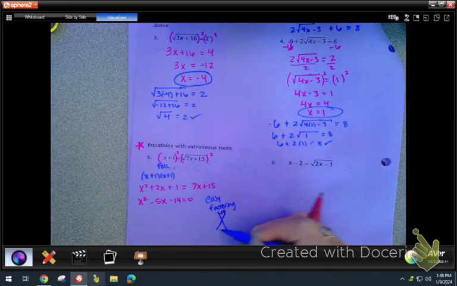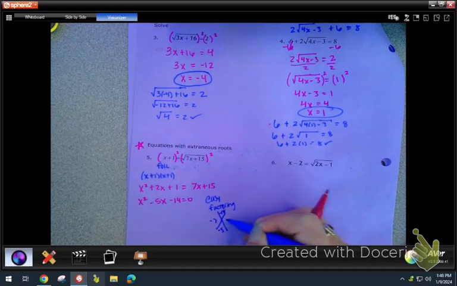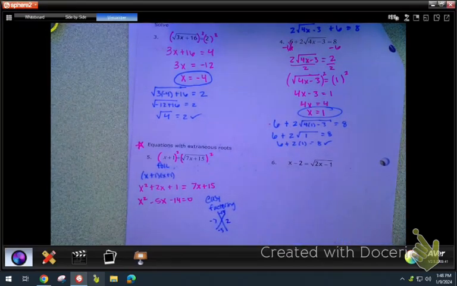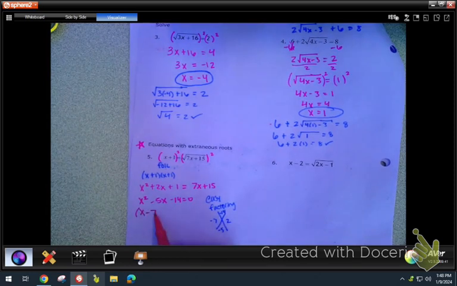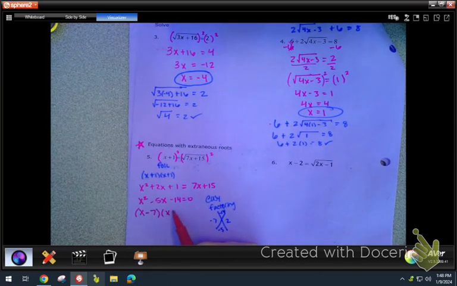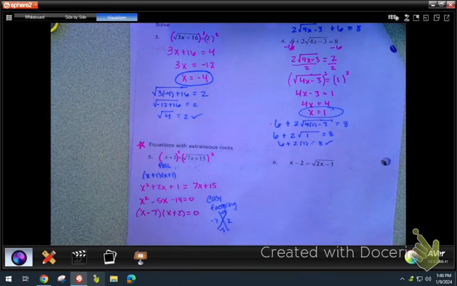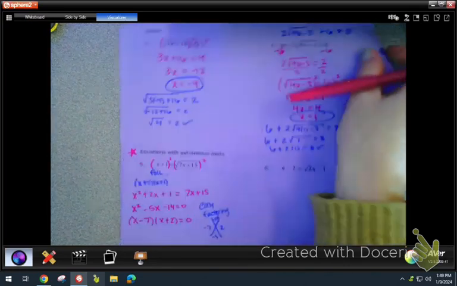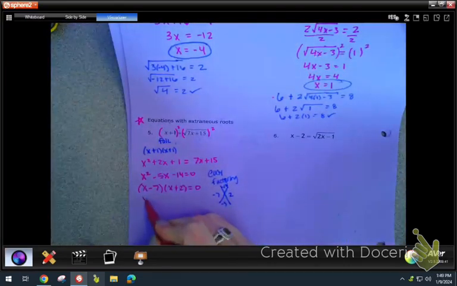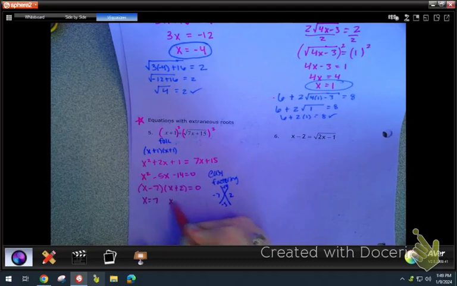Negative 14, negative 5, which I'll say negative 7, positive 2. So then what's my factored form? x minus 7, x plus 2 equals 0. So that's my factored form. What are my potential solutions? X equals positive 7, x equals negative 2.